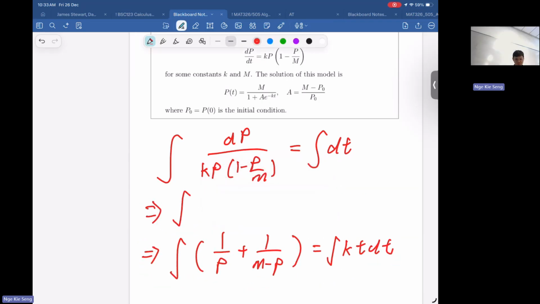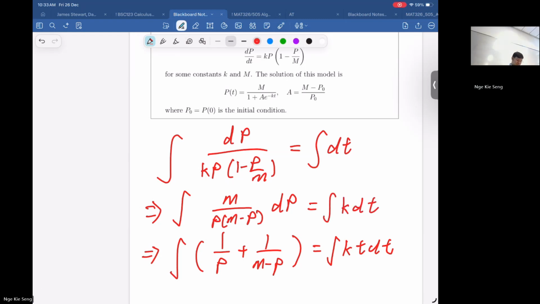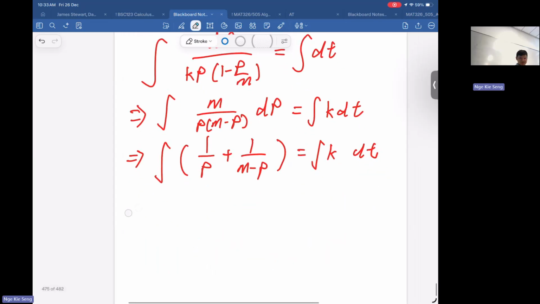So we write it as M over P times M minus P. Maybe this one looks better. Okay, I throw the K to the other side. Okay, so far. Okay, then in this case, this is easy, right?